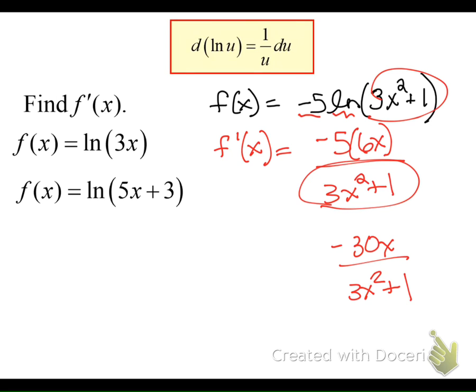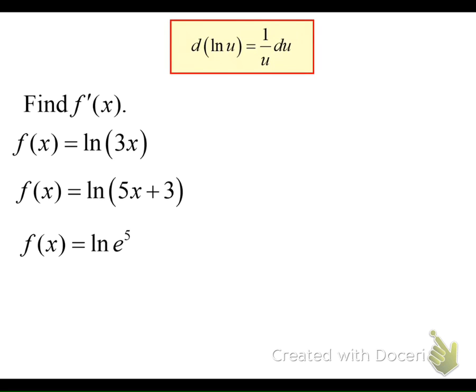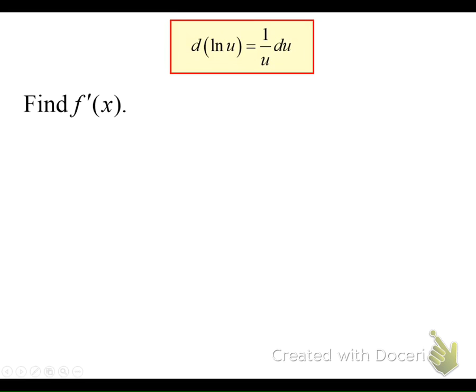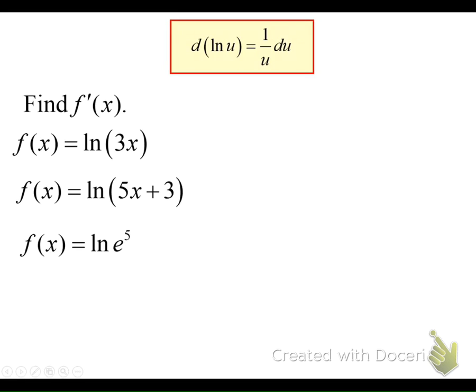Okay, this next one is a trick. So I'm giving you a heads up. This is a trick, but you may not remember this from algebra. So let's see if you can recognize this trick. Okay, think about it. The reason this is a trick is e is not a variable. e is a number. So this is really the natural log of approximately 3 to the 5th.